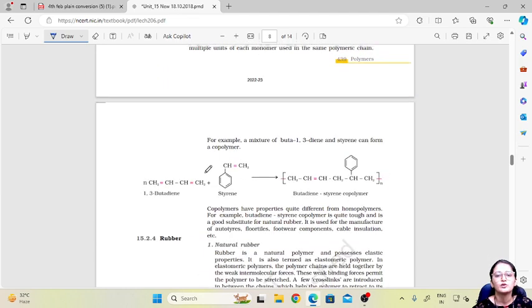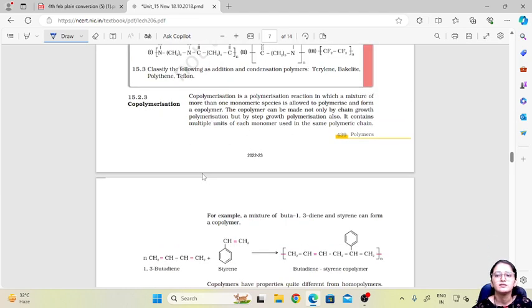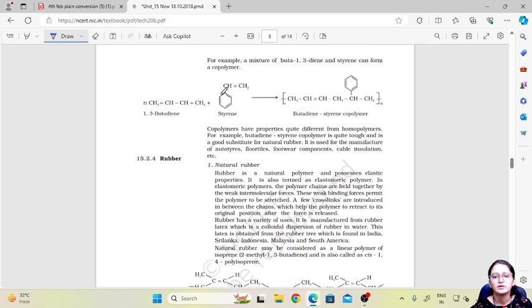Then we will see copolymerization. We have already seen the definition of copolymerization, that it is a polymer made from a mixture of more than one monomeric species, and it can be made not only by chain growth but by step growth polymerization also. So here is the example of 1,3-butadiene. When styrene is combined, you get butadiene styrene copolymer.